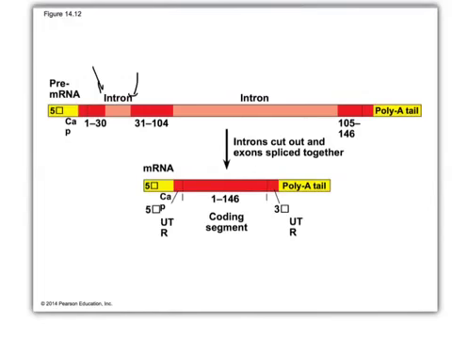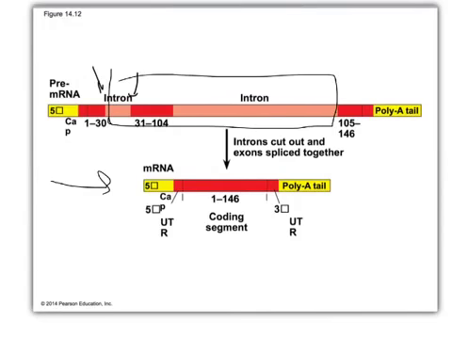All right? And say this is the ideal. I want coding segment 1 to 146 that gives me a complete protein. But what if I spliced this whole part out? So I end up with an RNA or coding segment that is 1 to 30, and then 105 to 146.